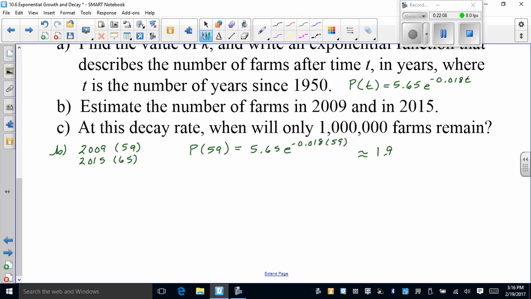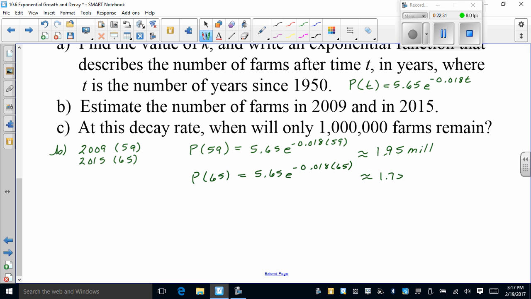And P of 65 equals 5.65 e to the negative 0.018 times 65, which is approximately 1.75 million farms.